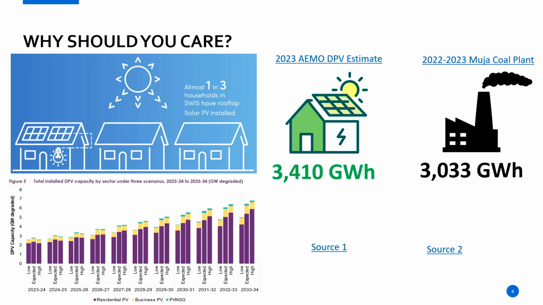With all this installed rooftop solar, you can imagine there's a lot of data involved, and the government of West Australia is investing in looking at how we can best invest in these rooftop solar panels and utilize that in our electrical grid.